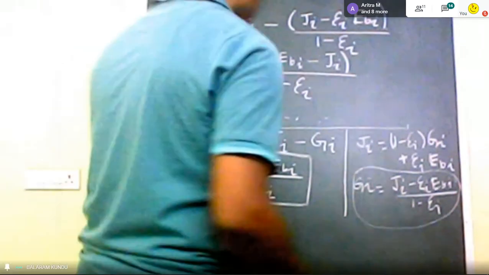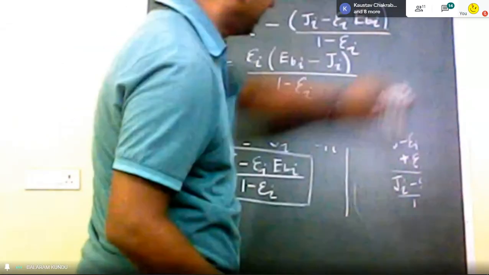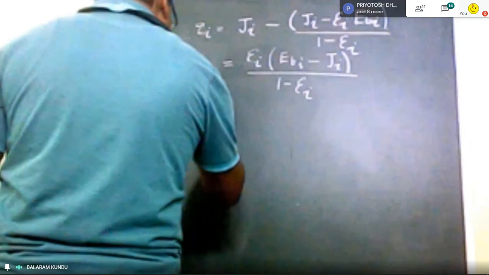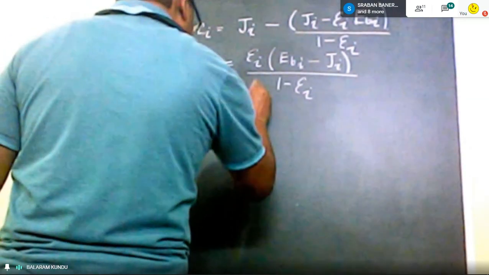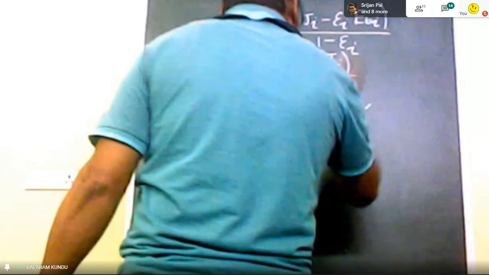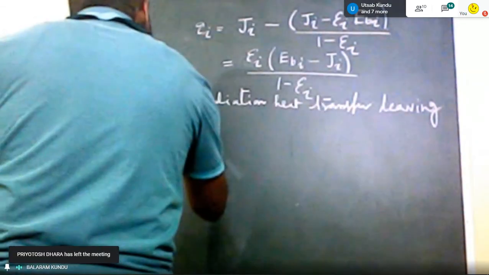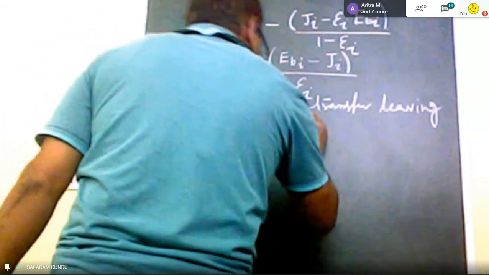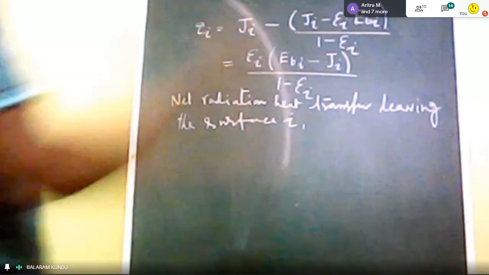Therefore, the net radiation heat transfer leaving the surface I can be denoted by, say, capital QI.